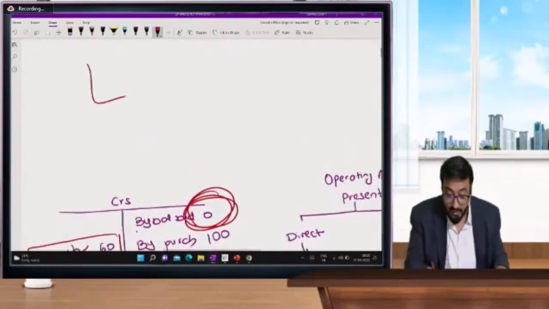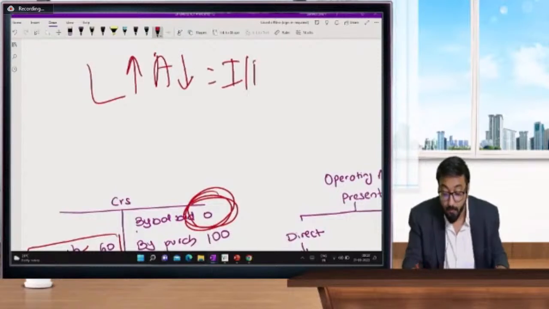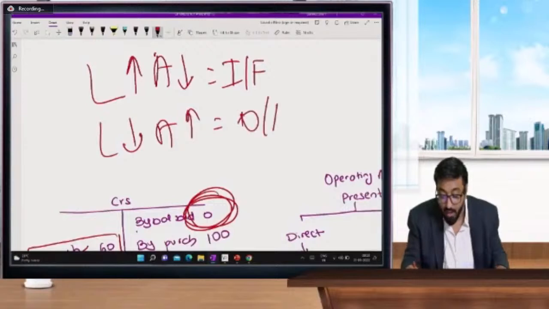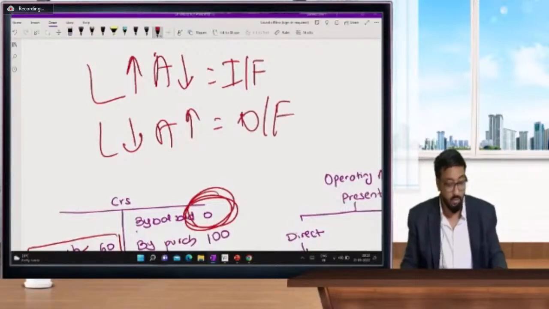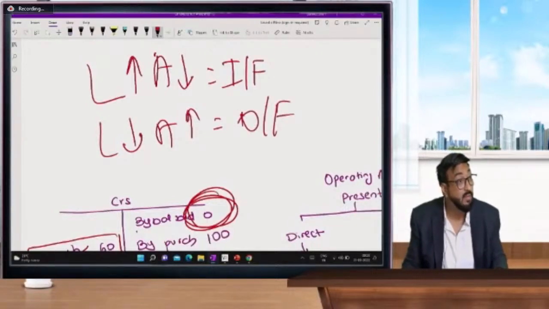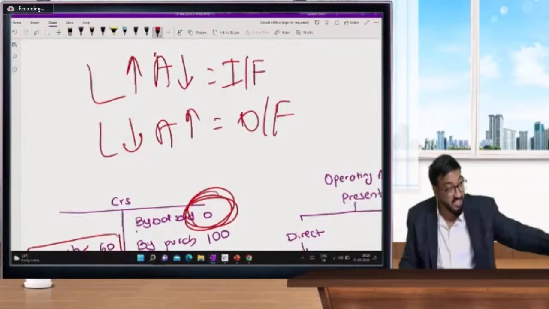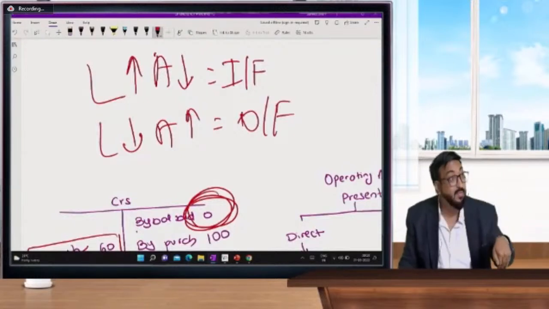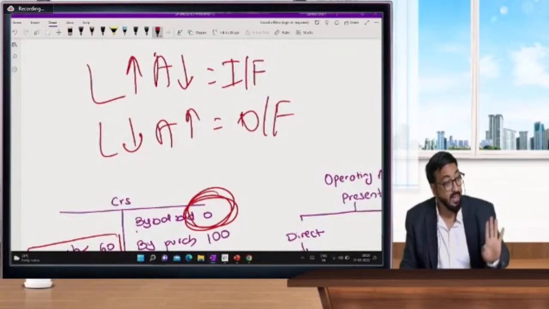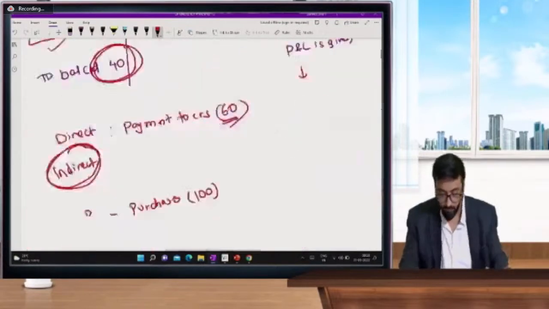Remember this. Liability increase and asset decrease is your inflow. Liability decrease and asset increase is your outflow. Liability decrease means outflow and asset increase means outflow.